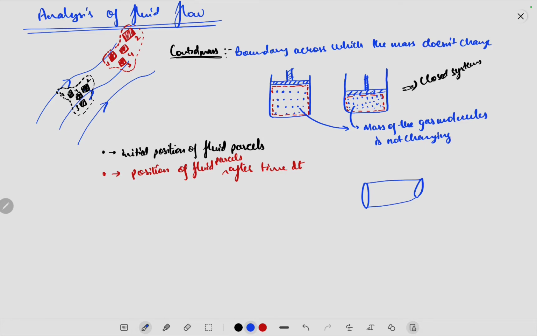So these kinds of systems are called open systems. So in fluid mechanics, instead of defining control mass, what we define is control volume. So for this problem of flow through a pipe, I'll define a control volume like this.